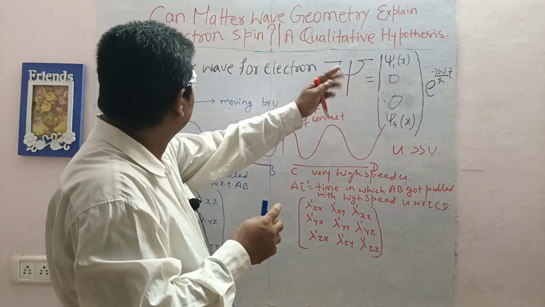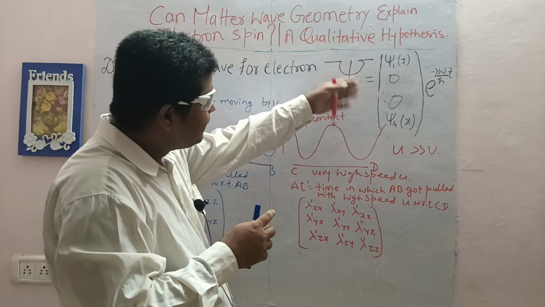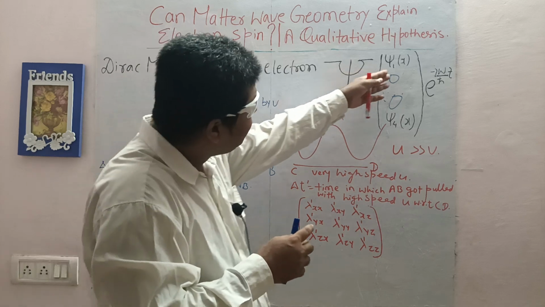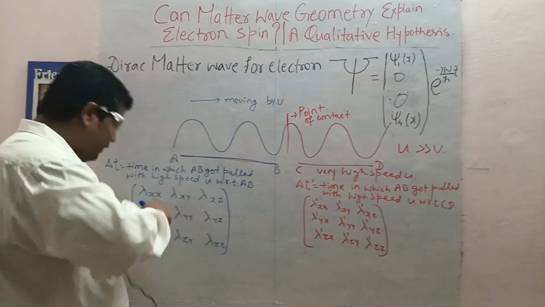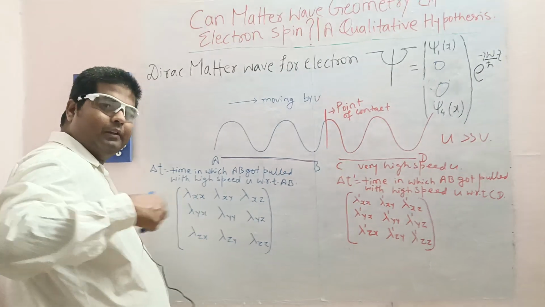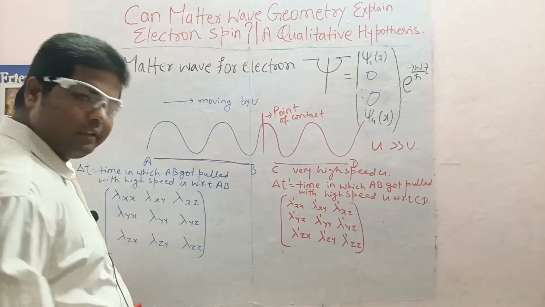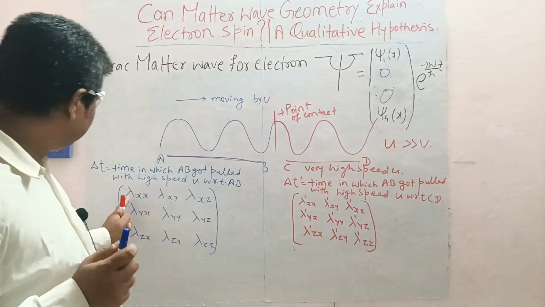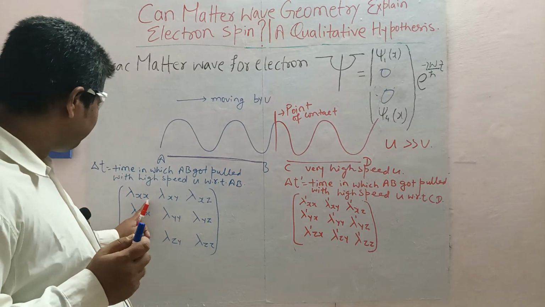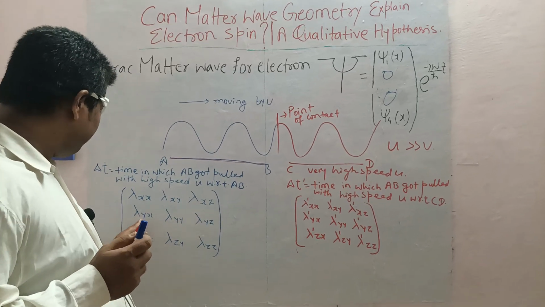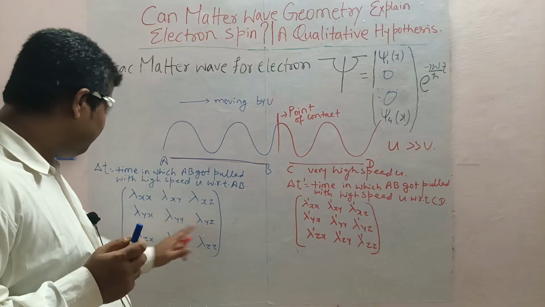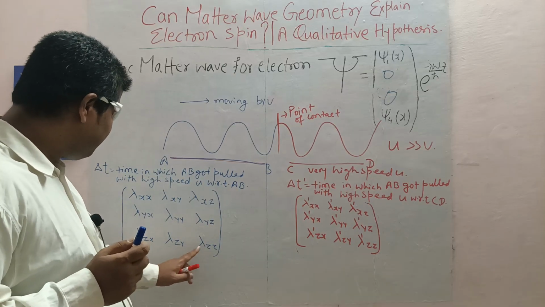That's according to Dirac. In the Dirac equation, we can think why all these 3 are orthogonal to each other. See the tensor of wavelength: lambda xx, lambda xy, lambda xz, lambda yx, lambda yy, lambda yz, lambda zx, lambda zy, lambda zz.